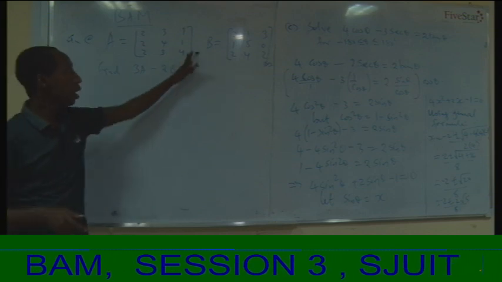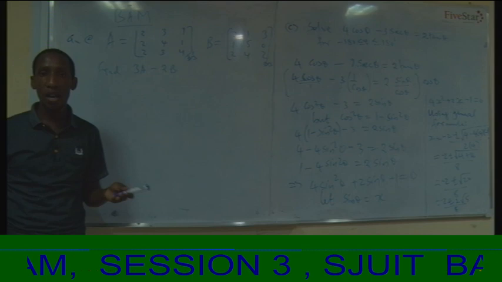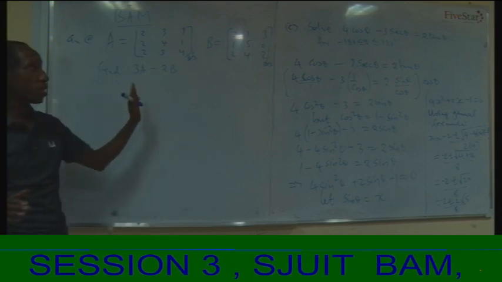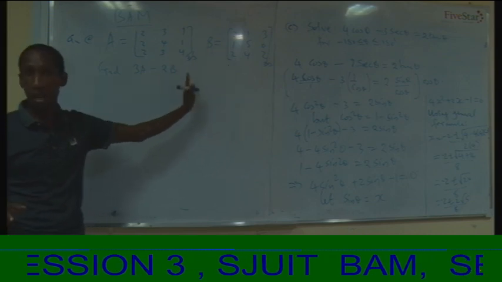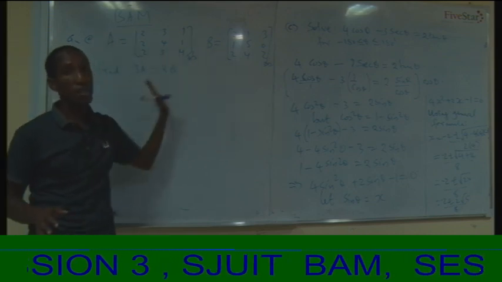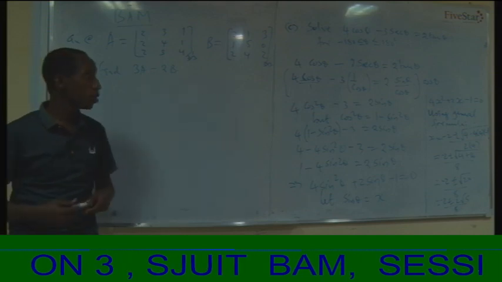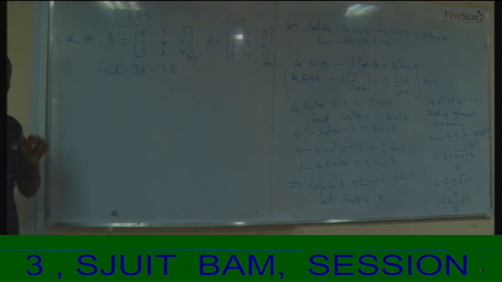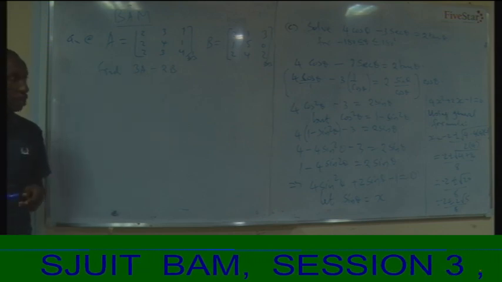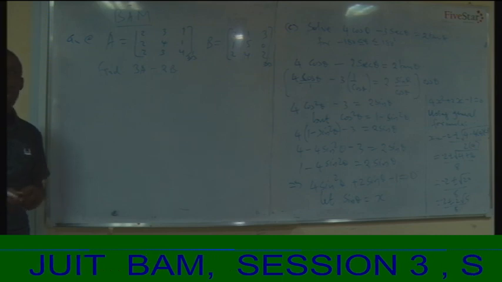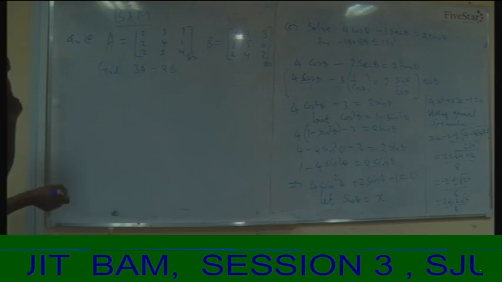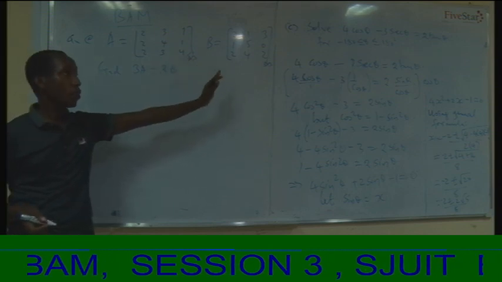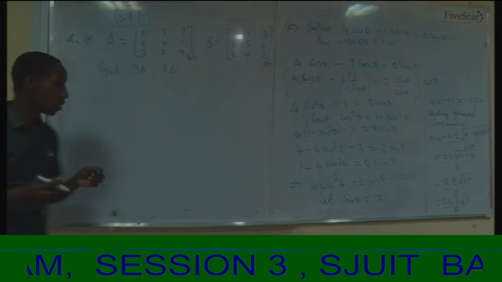This is because when adding matrices, we add the corresponding entries: the first entry of the first matrix and the first entry of the second matrix, then the second and second, third and third, and so on. So if the first matrix is 2 by 1 and the second matrix is 3 by 3, we cannot add them together.